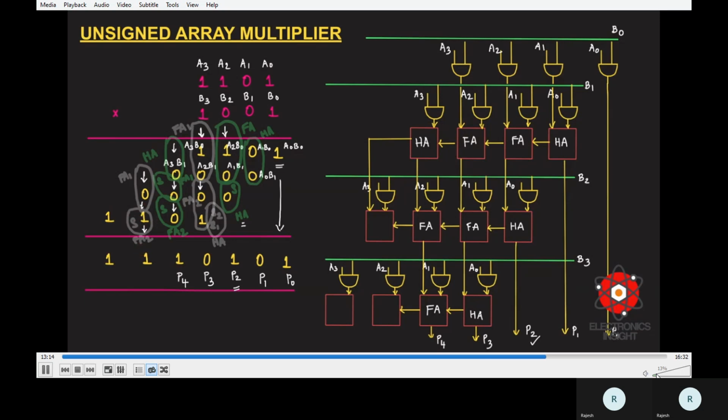So two bits along with the carry from the previous stage are generating P5.